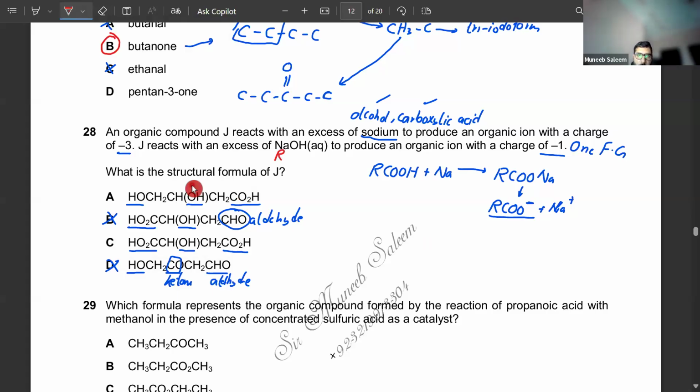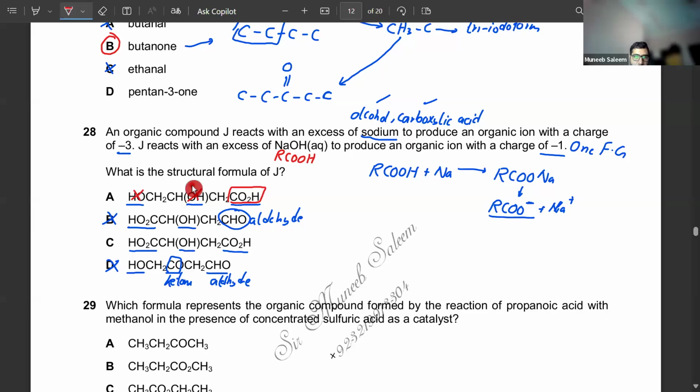It is only the carboxylic acid that can react with NaOH, because it's a neutralization reaction between base or alkali and acid. In option A, we have one carboxylic group present, so it can react with NaOH. Neither the alcohol groups on this side and this side will react.